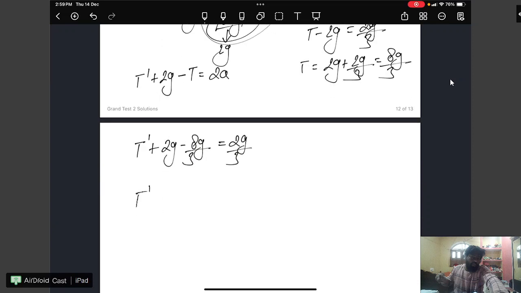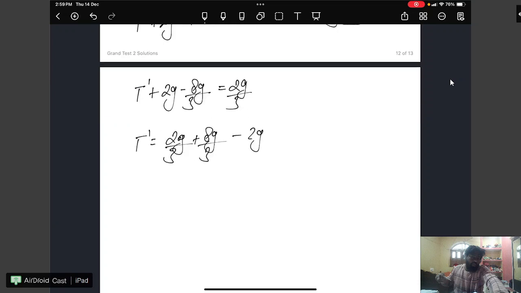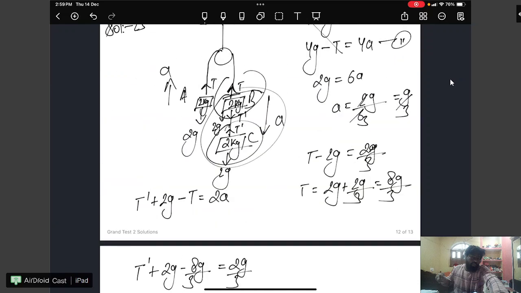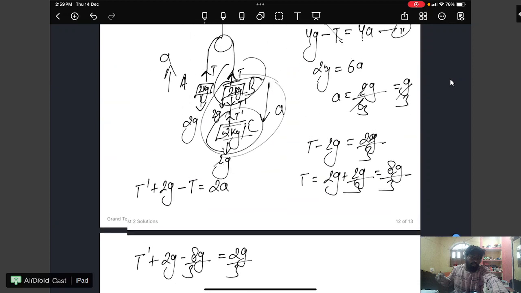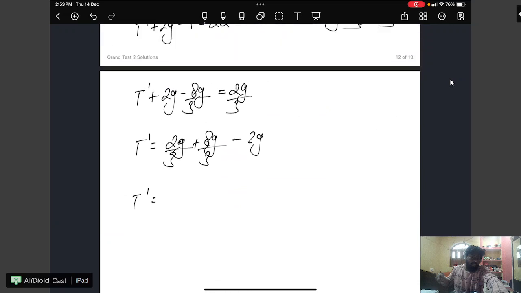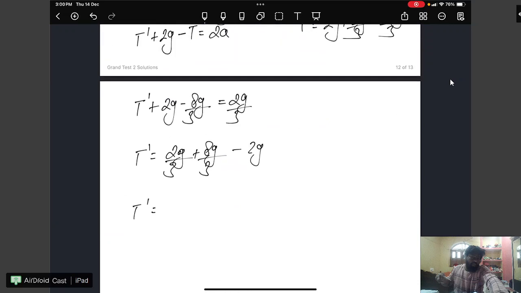So T dash is equal to 2g by 3 plus 8g by 3 minus 2g. Downward, T dash, 2g minus T is equal to 2 times the acceleration. Here it will be 10g by 3 minus 2g.